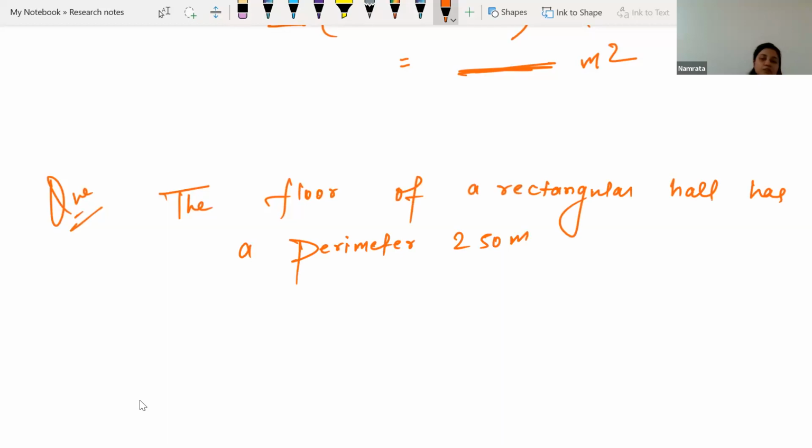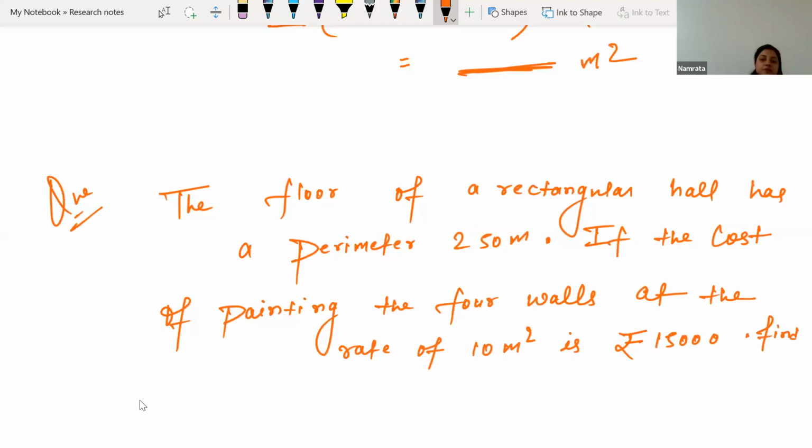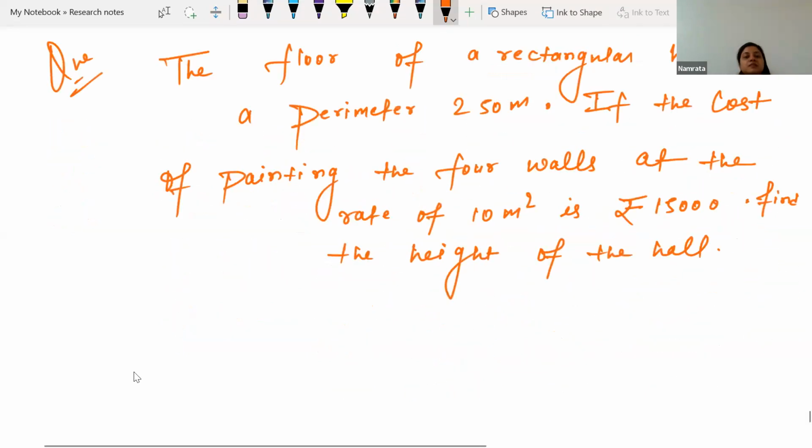If the cost of painting the four walls at the rate of 10 meter square is rupees 15,000, find the height of the hall. We have to find the height of the hall.